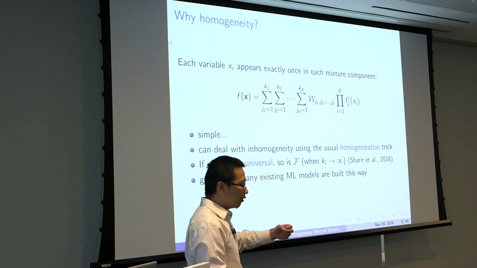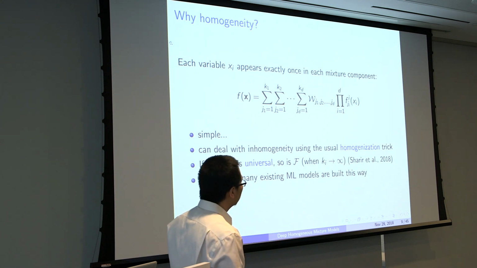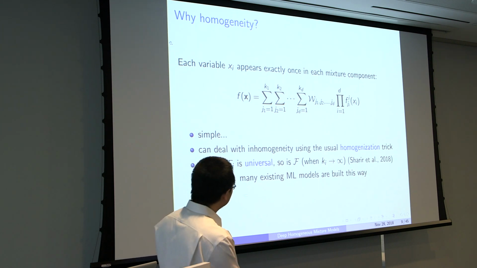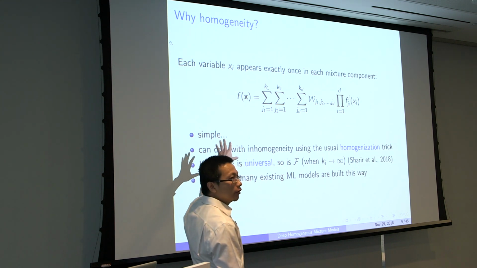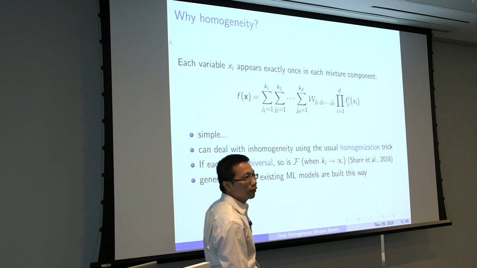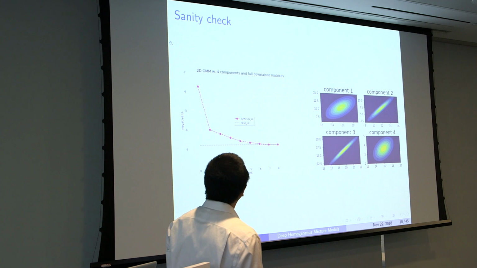Then we can actually approximate any multivariate function arbitrarily well. This is a very simple result proven by Sharia et al. this year. And this is what I said before. I'm going to show you why this is important. In fact, many models that we are familiar with are special cases of this. So this is the first part of this talk.